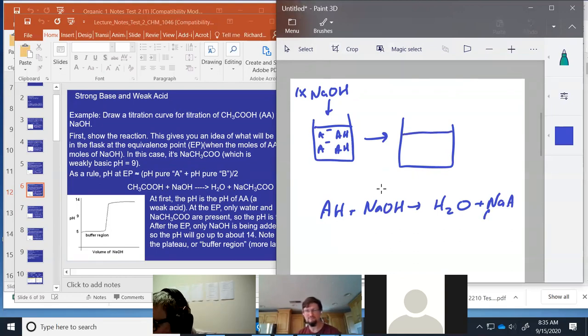It's effectively A minus. So we've got A minus, A minus, A minus, and AH. And this conjugate base is a weak base as well.